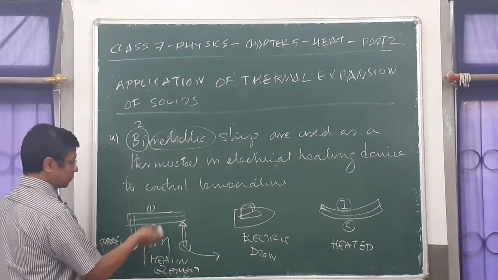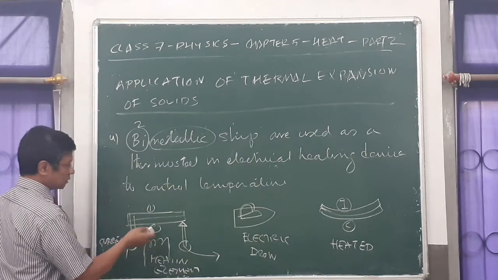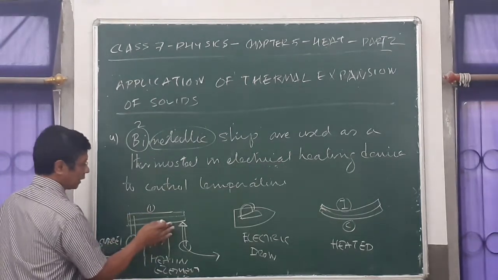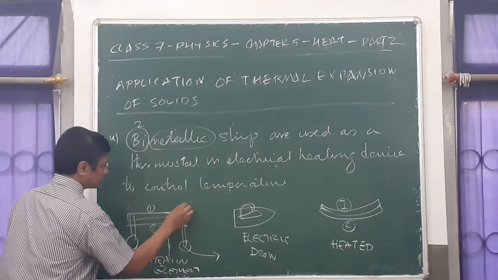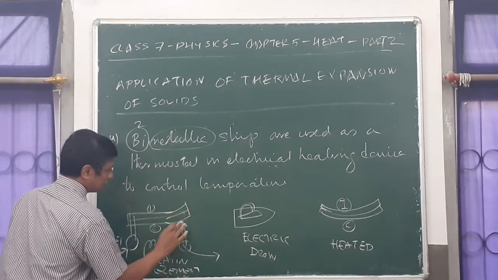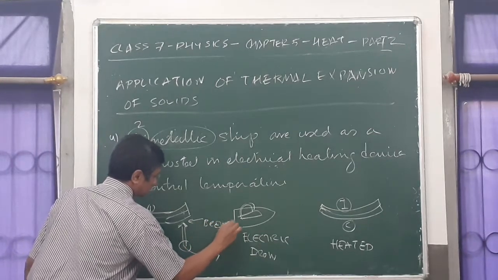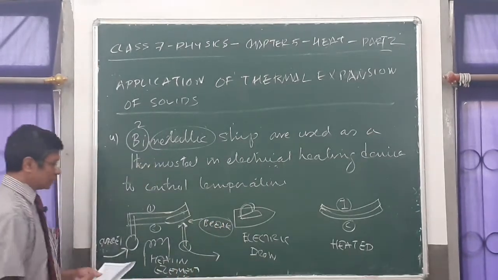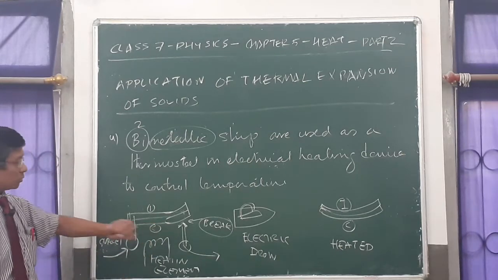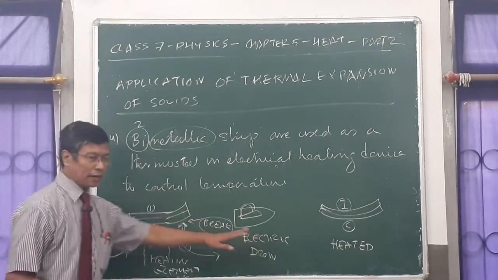So, when the temperature rises, this bimetallic strip gets heated and it causes the bimetallic strip to curve like this, and it causes the connection to break. So, the heating element stops heating and no further heat is supplied to the electric iron.